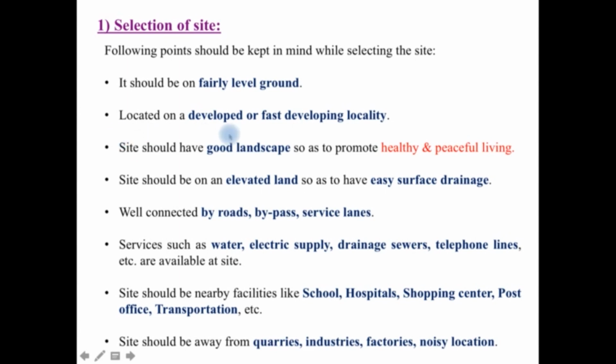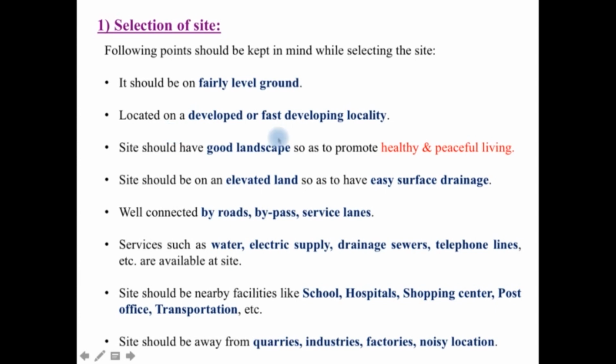The second point we should take care of is that the area should be developed or fast developing. That is a more important thing, because if the area is underdeveloped or does not have scope to develop in the near future, then investing money in that region is not a good idea.